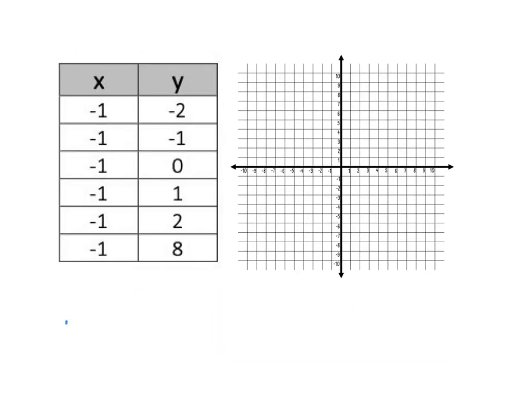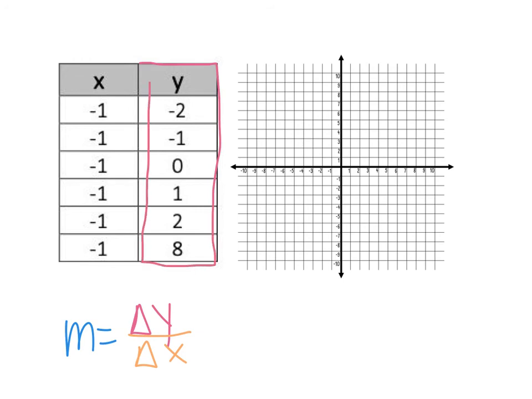Okay, last example. And slope is the rate of change of y over the change of x. Looking at our change of y, we're going to look at this. So we have from -2 to -1, we're adding 1 because it's getting bigger.